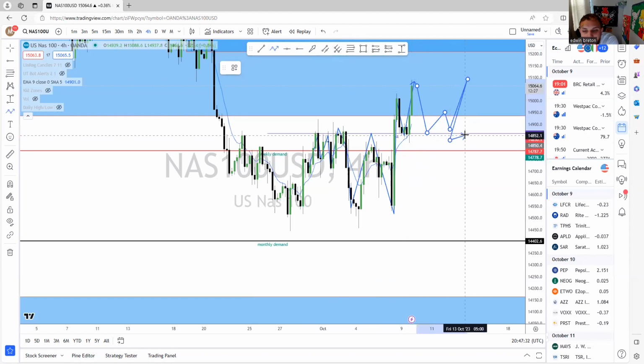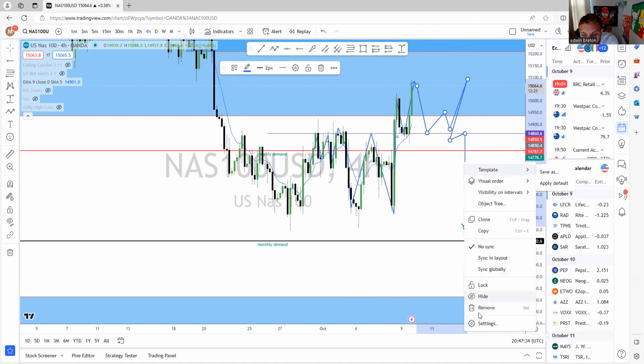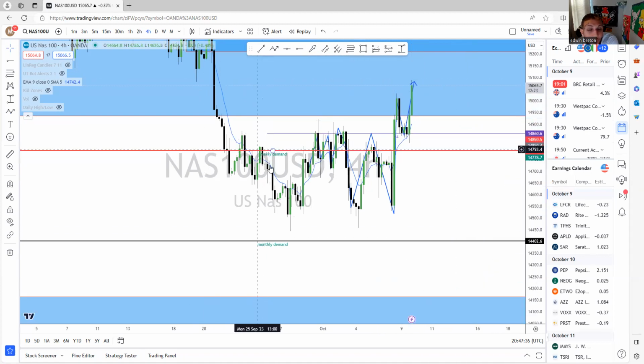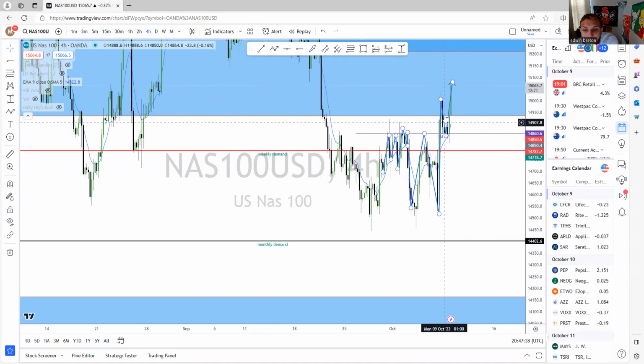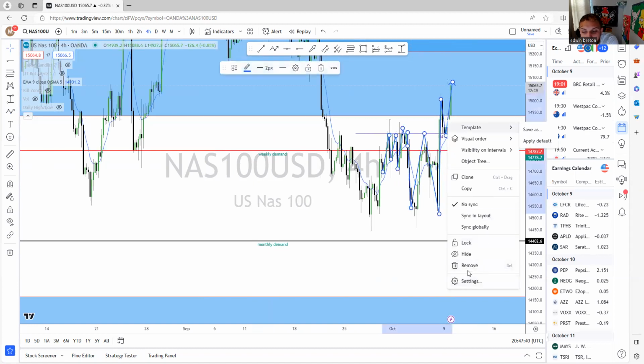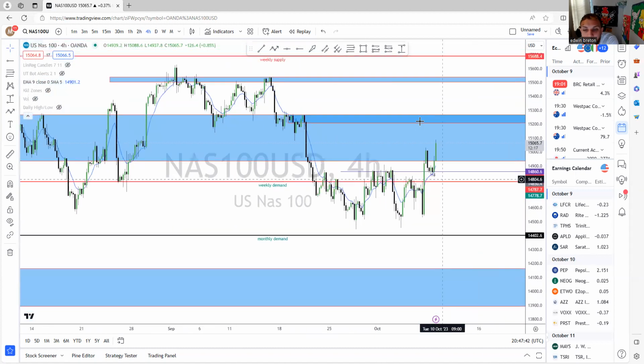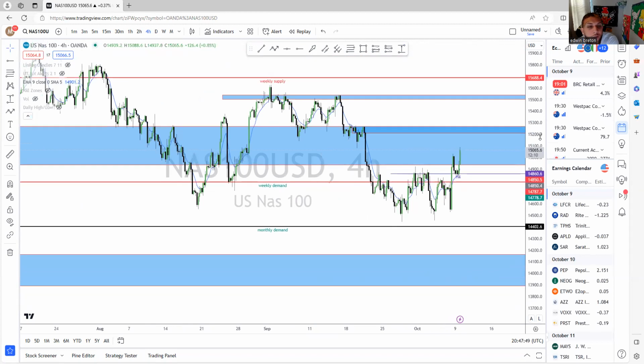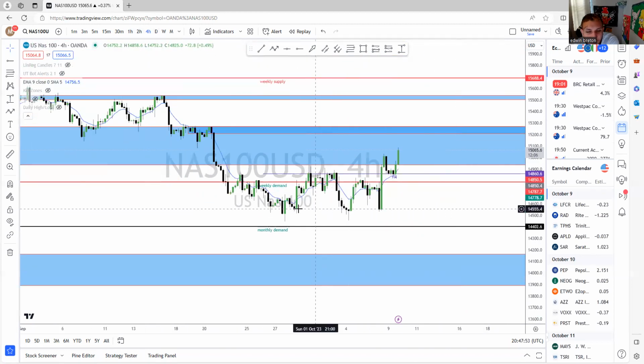If she comes straight under, I'm going to be looking for shorts, when she comes under my weekly. Until then, I will be waiting for price to come back into the supply zone and then catching shorts from there. Let's see, just gonna grab one more 4-hour level here.